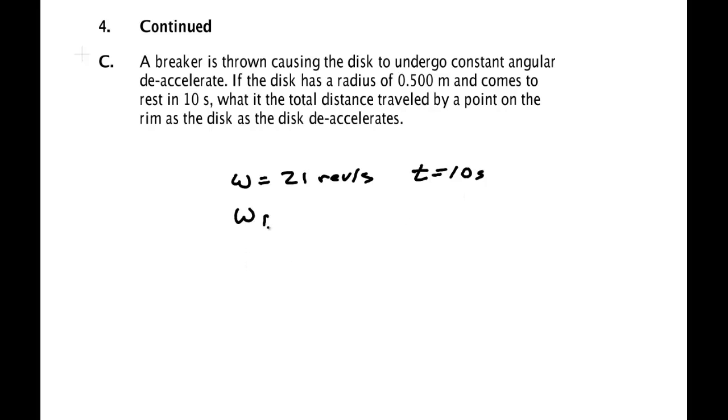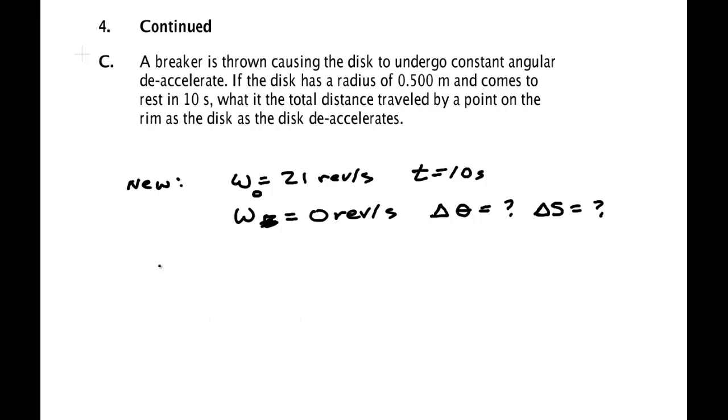Omega final, so this will be my new omega naught, is going to be 0 revolutions per second. And delta theta is in question because they want to know delta S.